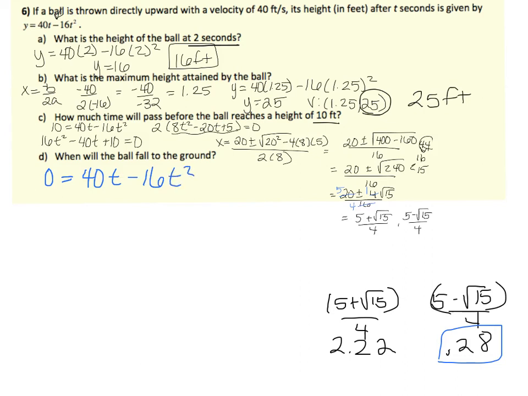I'm going to factor out a t here. Actually a 4t. So this is going to be 10t minus 4. I could have actually factored another thing out. So let me go back. There's a larger factor that goes into both, and that's going to be 8. So 8t, and this is going to be 5 minus 4t. Now I'm going to set each factor equal to 0.